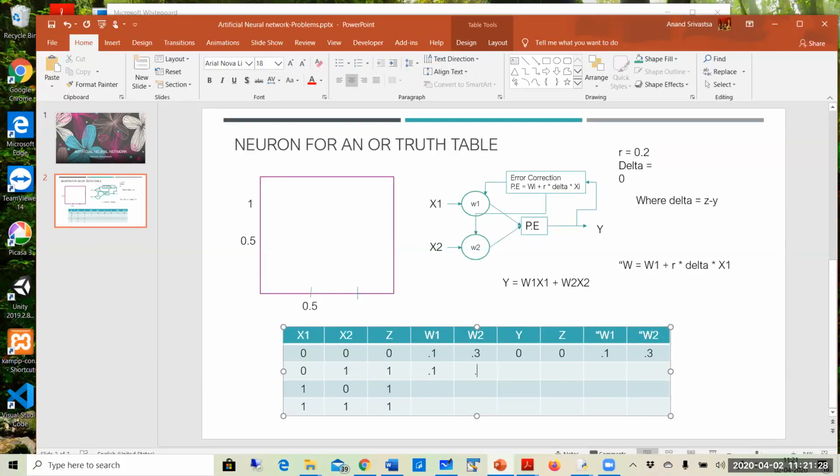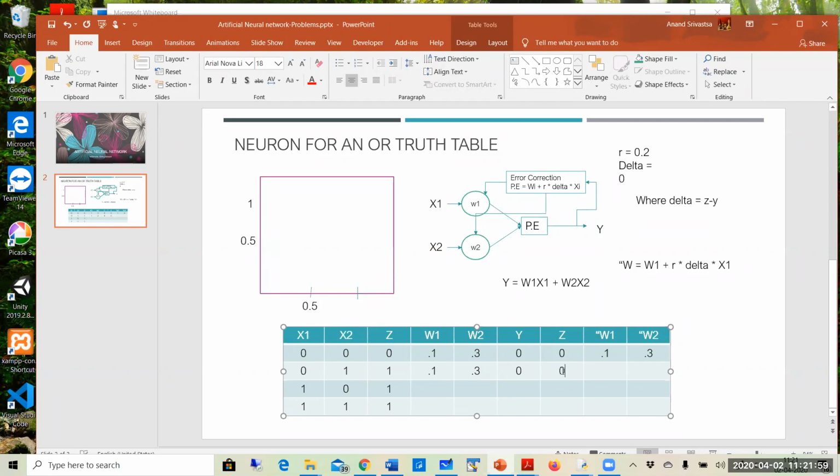Now if I multiply this, the output should be 1, but it will be 0. Why? I apply this, y will be 0.3 in the next iteration, but it is anyway less than 0.5, so it is going to be 0 again.